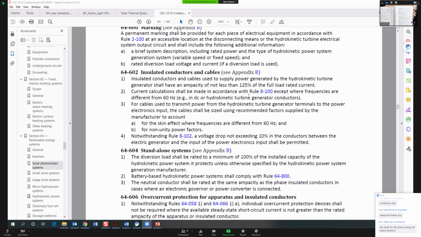Under the water, you're not going to have a really high temperature, not like other types of generators. You're going to require a 90-degree rating, and those usually you're just going to use underwater cables, so they now require 90.